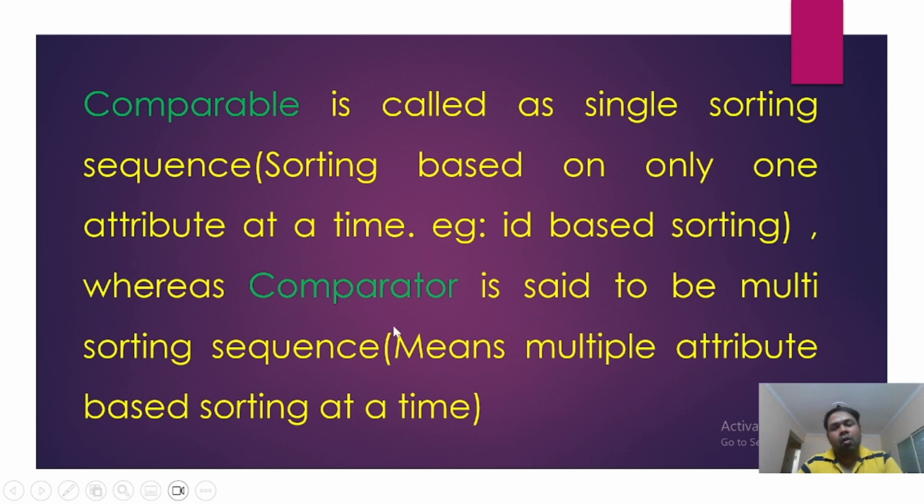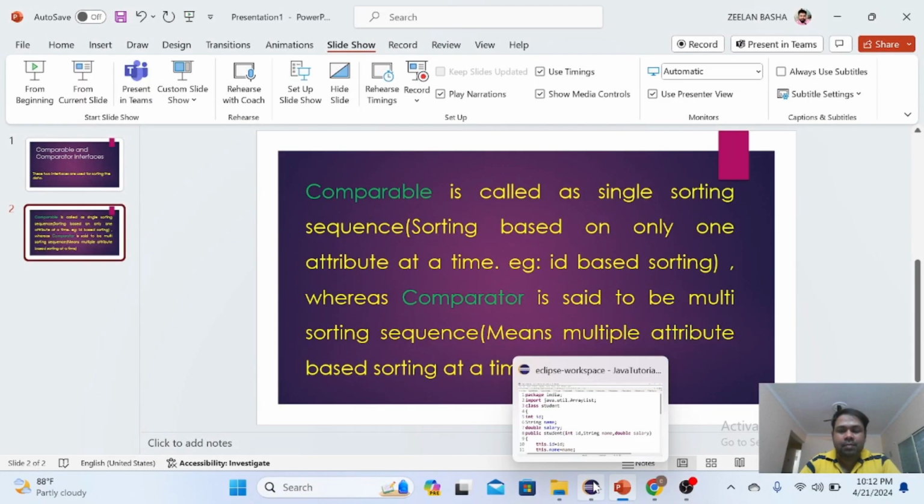If you want all kinds of sorting, like ID based, name based, salary based, all at a time, then you have to go for the Comparator interface. How these are used, we'll discuss in the programming example. Let us jump into the programming example.